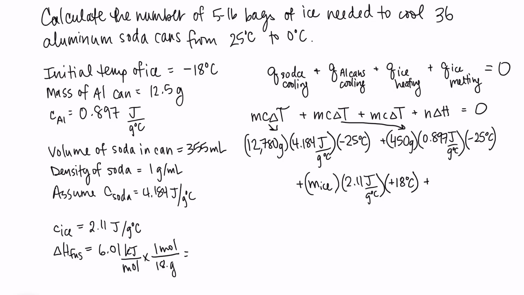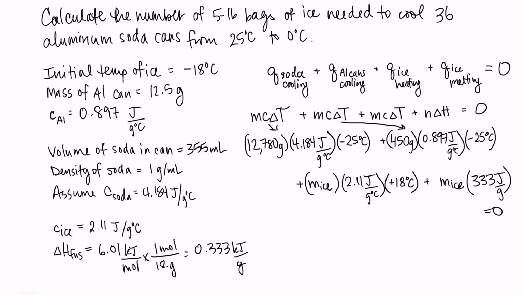And so that gives me 0.333 kilojoules per gram. So now I'm going to keep my M for the ice, but I'm going to multiply by my delta H. I'm going to change it into joules to match everybody else, 333 joules per gram. And when I add all of those together, that's where I'm going to equal 0.